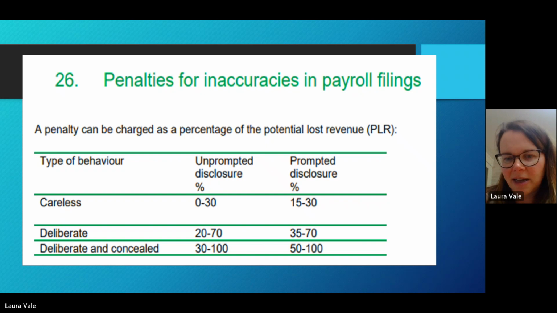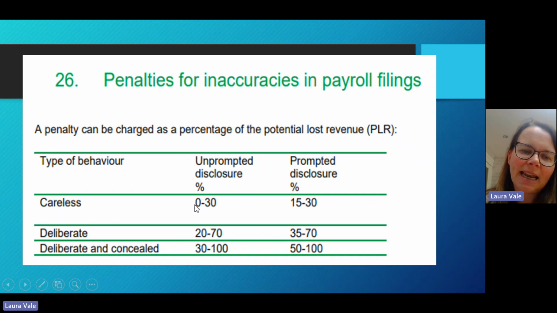So I guess it follows that if you had to be asked and you'd made a deliberate and concealed error, the penalty can go right up to 100% of the amount that you owed. On the other hand, if they deem it to be careless and you told them about it, you might actually get away with nothing. Right, so you don't have to memorise this, it's all in the reference material.